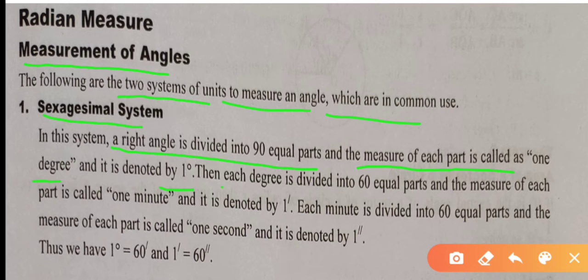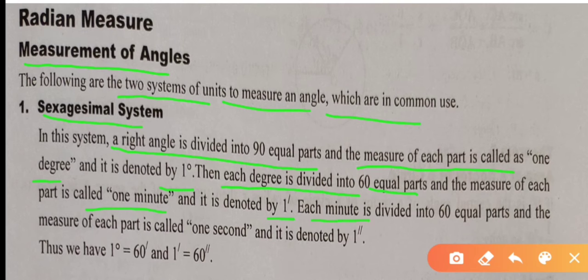Then each degree is divided into 60 equal parts, and the measure of each part is called 1 minute. Again, 1 degree is divided into 60 equal parts, then it becomes what? 1 minute, and it is denoted by 1 with a single dash.